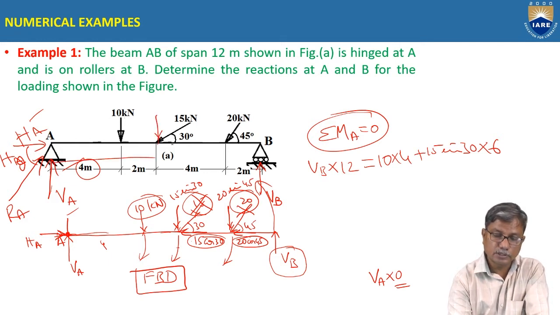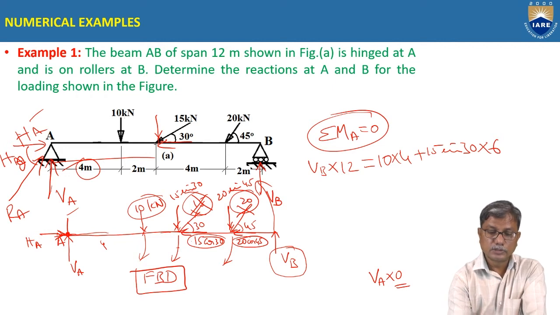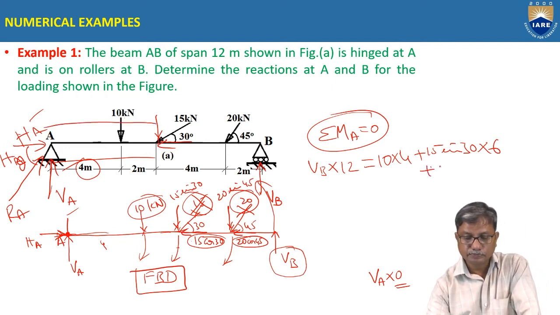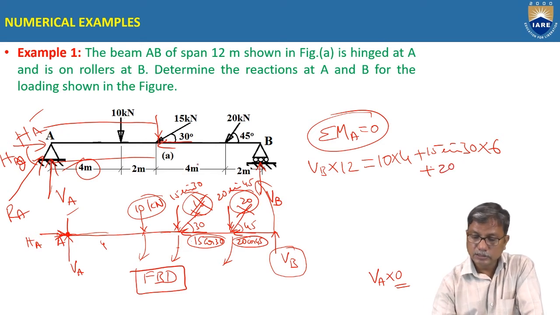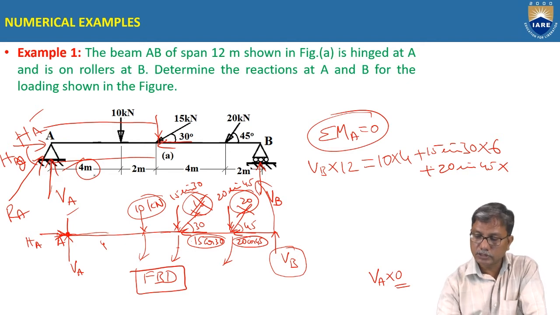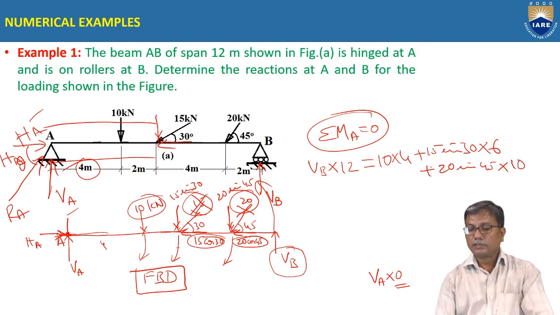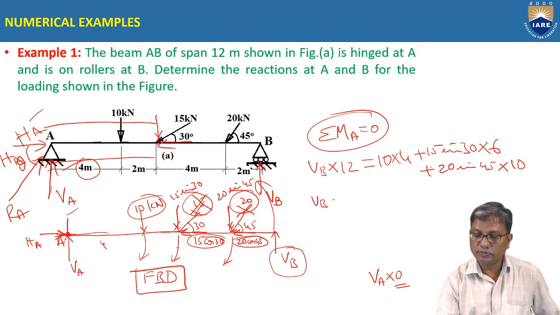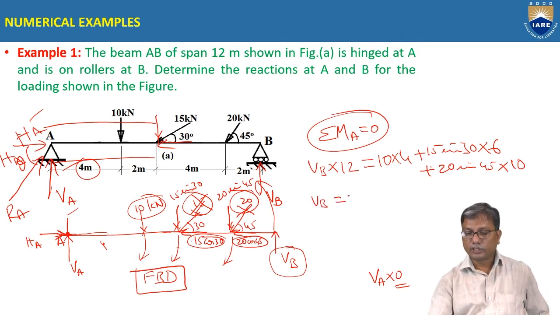This is the vertical component and this is the horizontal component. So the distance of the vertical component is 6, plus 20 sin 45 into, what is the distance? 10 meters. So here VB is the only unknown, and we get VB from this equation.